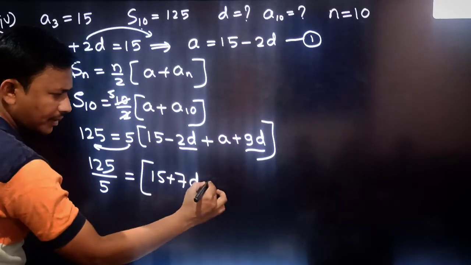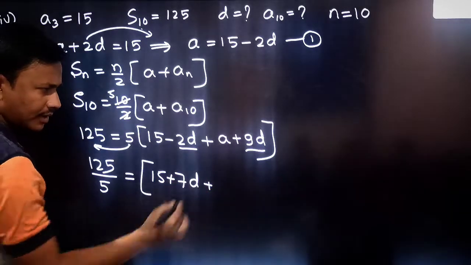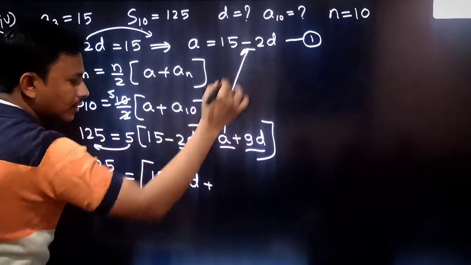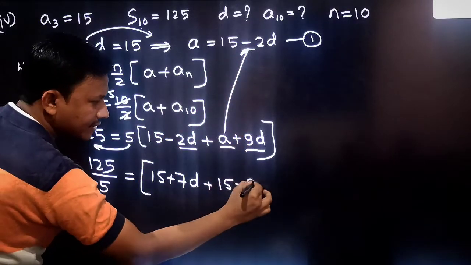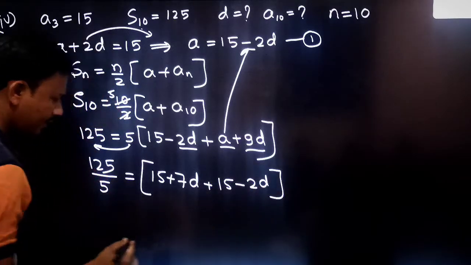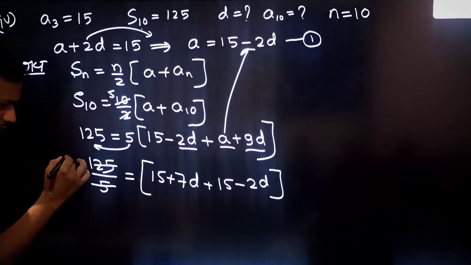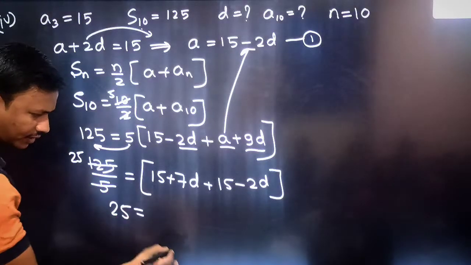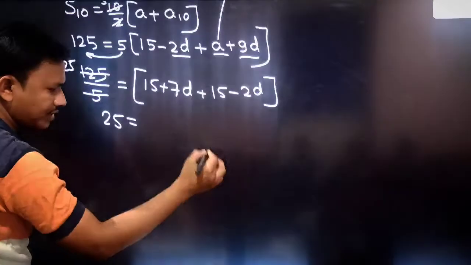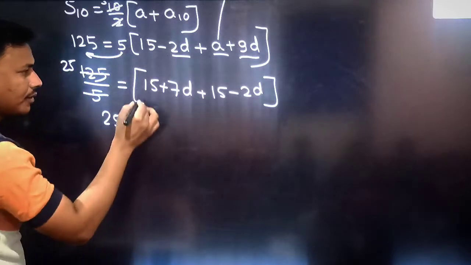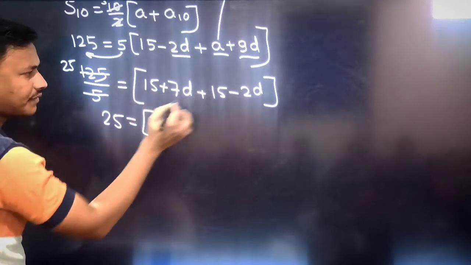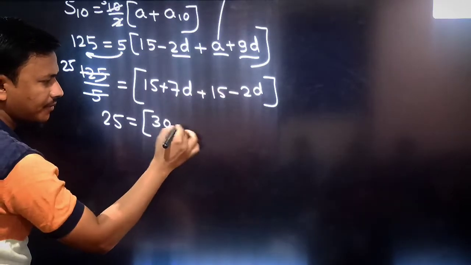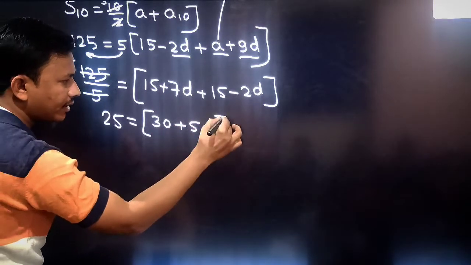Plus a. A value is, what is a value again? 15 minus 2d. 5 1s are 5, 25s are. Therefore 25 is equal to, what is the answer? 25 is equal to, in bracket 15 plus 15 is 30 plus 7d minus 2d is 5d.